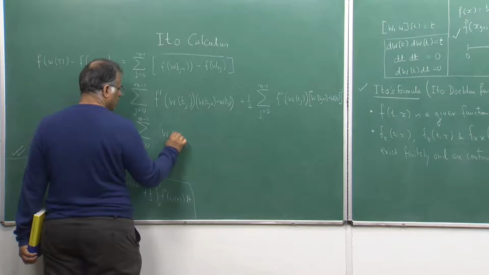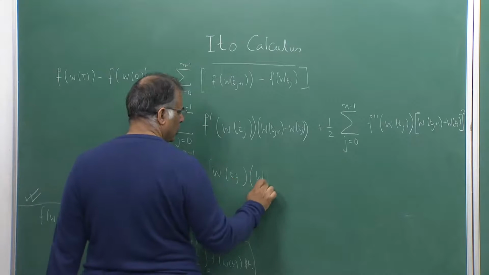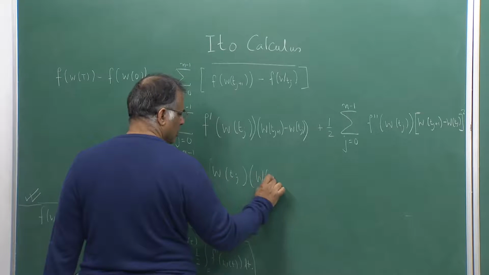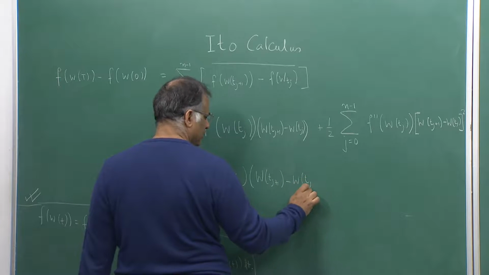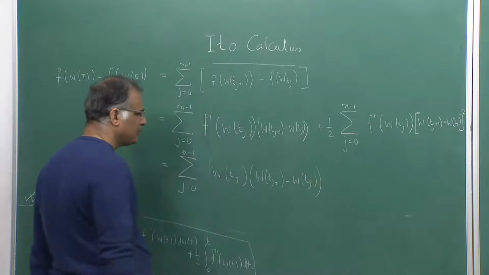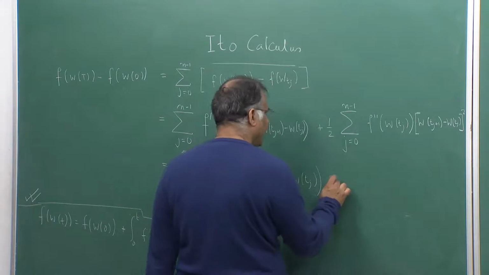So, it is W(t_j) into W(t_{j+1}) minus W(t_j), and when you take the second derivative, it is 1.